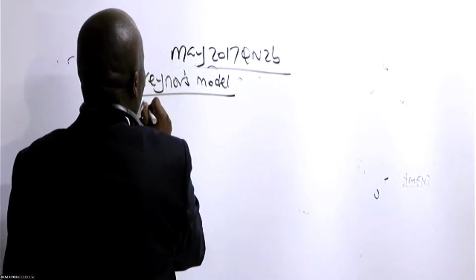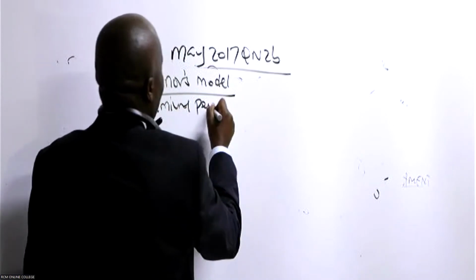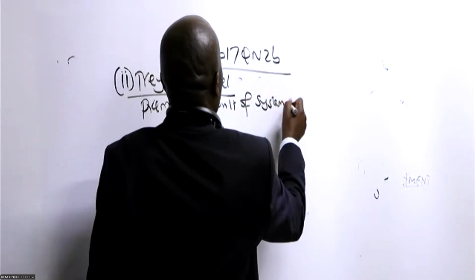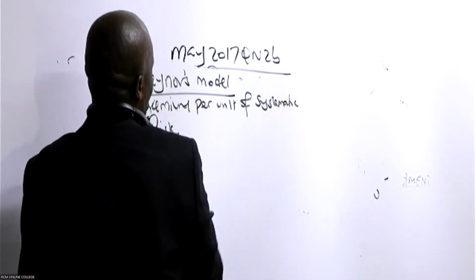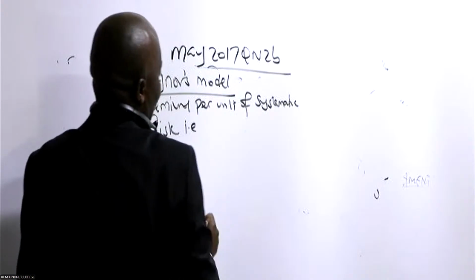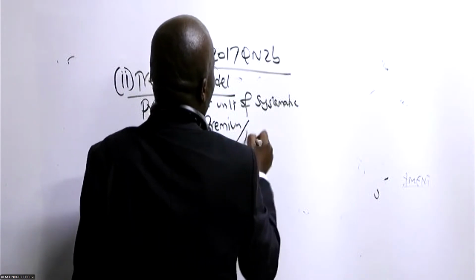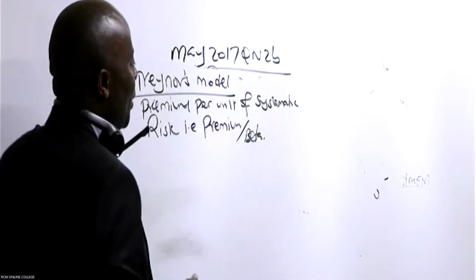Again, this gives premium per unit of systematic risk, i.e., it is premium over beta, because systematic risk is measured using what here? Beta.